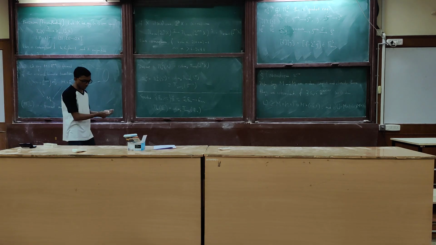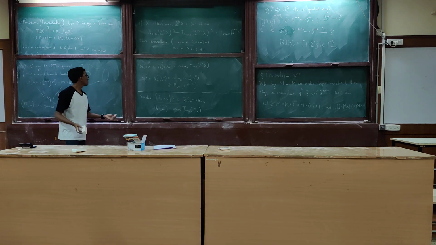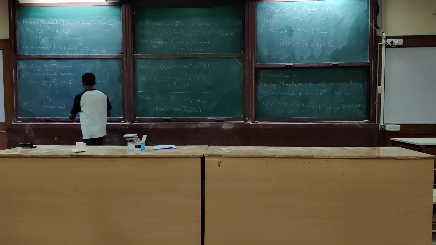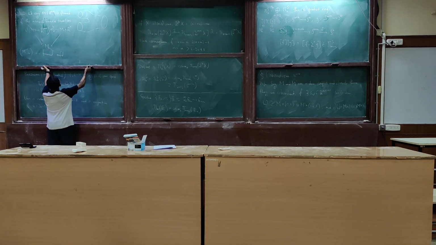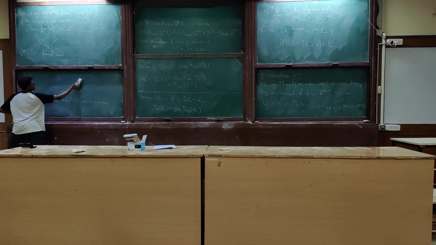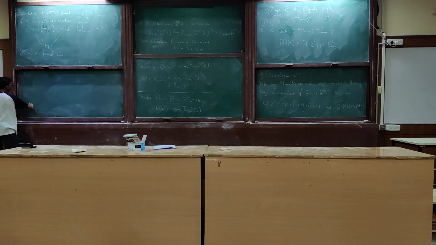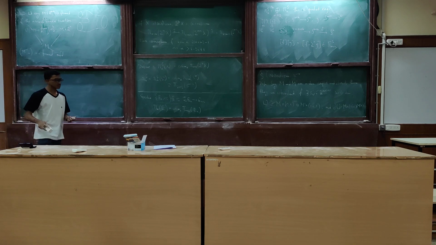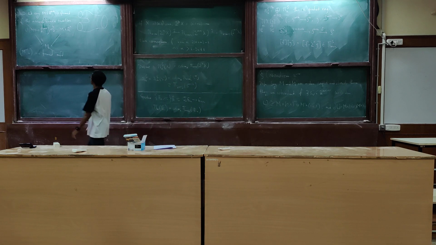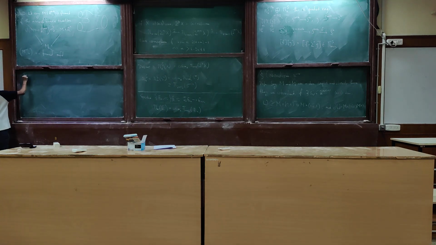Now we want to classify framed manifolds up to framed cobordism. What does framed cobordism mean? The idea of cobordism is you keep changing the definition so that you get whatever properties you want. Say you have two framed manifolds, (M, B) and (M', B').